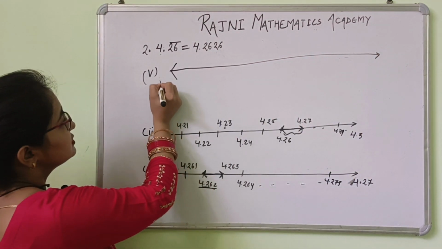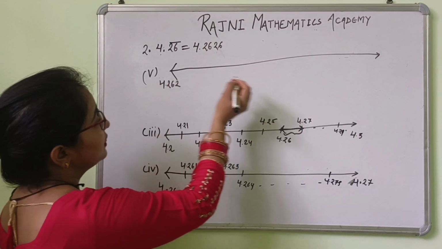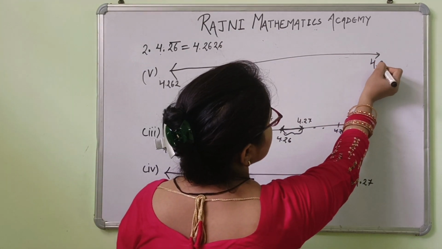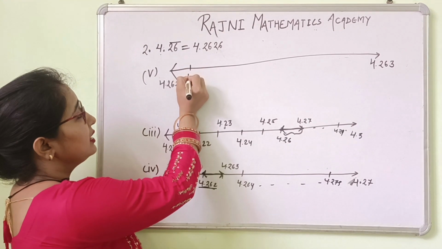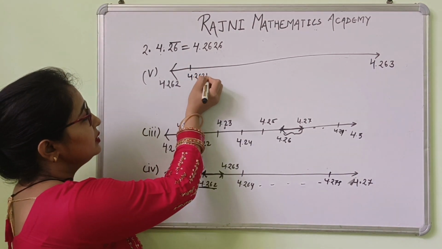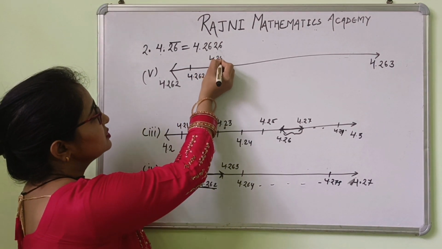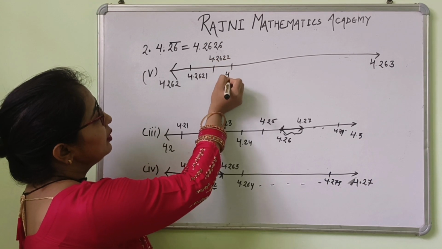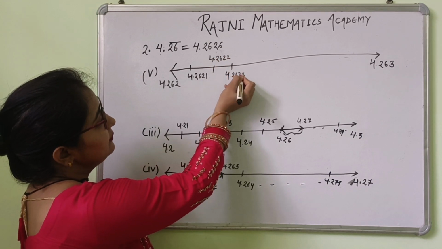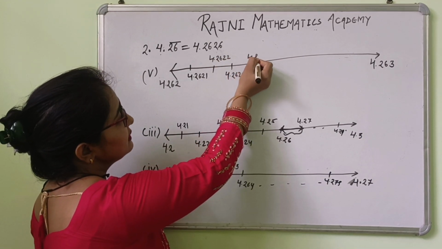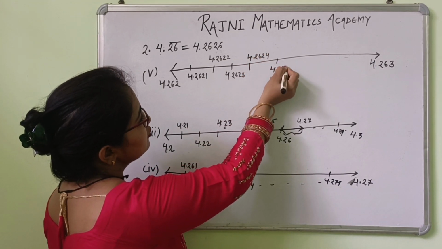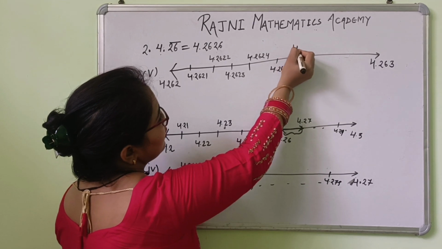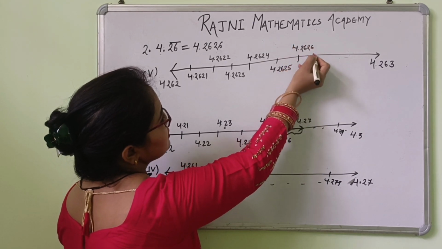Number line, this is 4.262 and this is 4.263. Okay. So numbers will be like 4.2621, 4.2622, 4.2623, 4.2624, 4.2625, 4.2626.